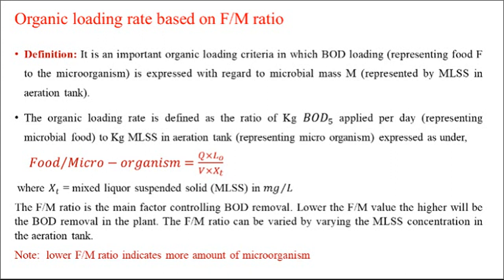It is an important organic loading criterion in which BOD loading, which is represented by food, is expressed with regard to the microbial mass, capital M. Microbial mass is nothing but the MLSS concentration in the aeration tank.